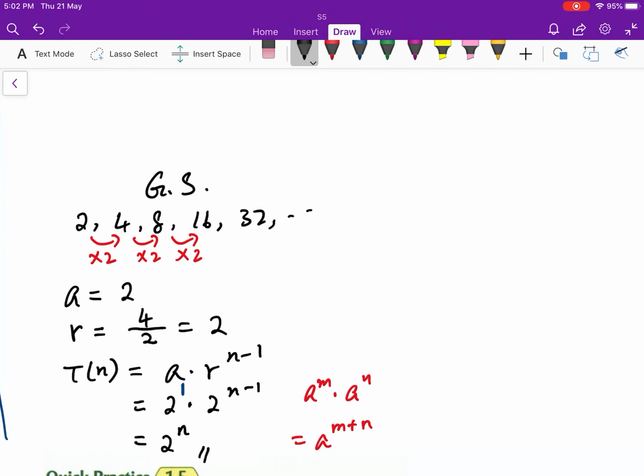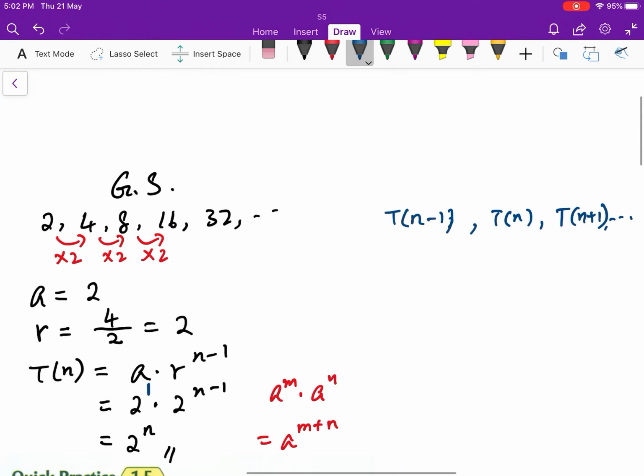Then, of course, we have the GS property. If we have 3 terms again, their relationship is that the middle term squared equals the previous one times the next one.